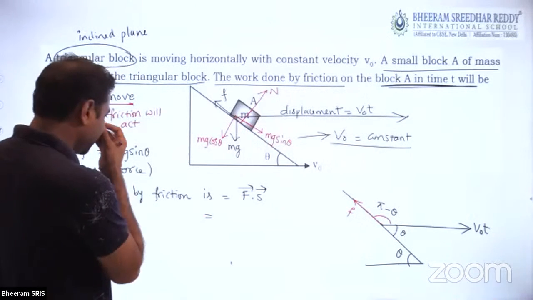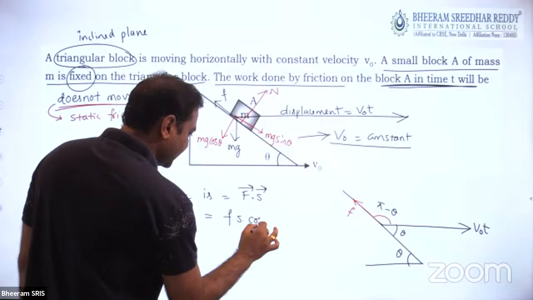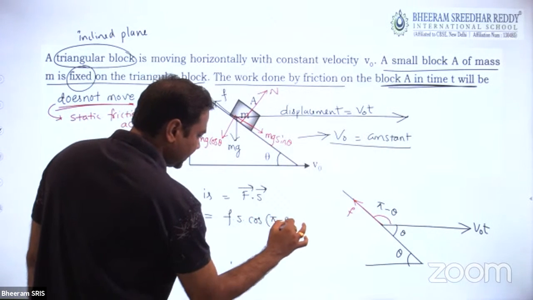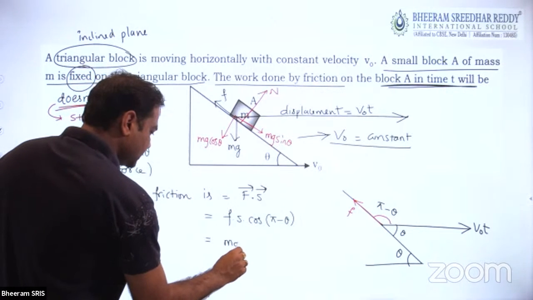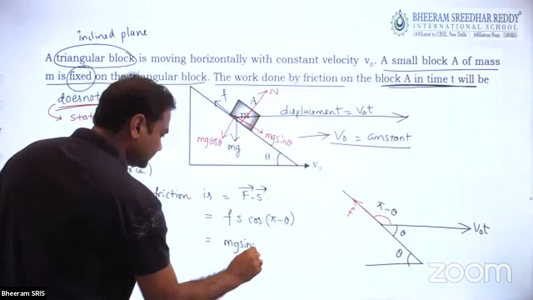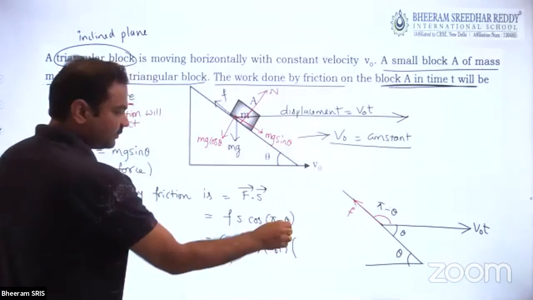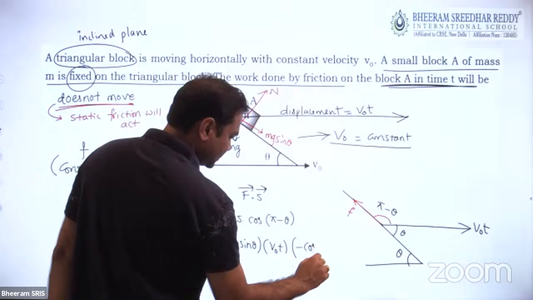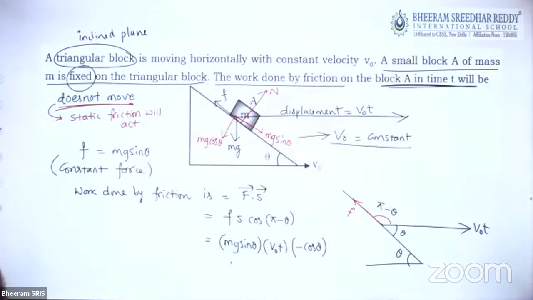Then I use F bar dot S bar: frictional force into displacement into cos of the angle between them, which is pi minus theta. So what is the friction force value? Friction force value is mg sin theta. What is the displacement value? V naught into t. Cos of 180 minus theta is minus cos theta. Okay, understood?